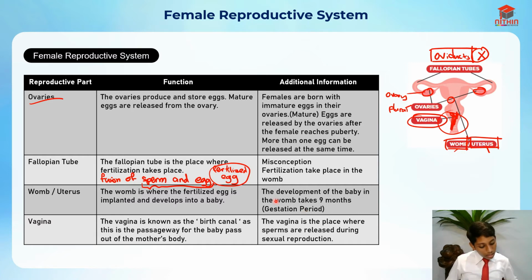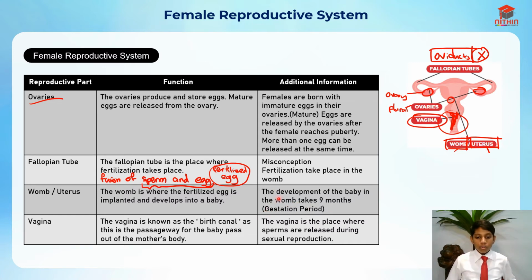And additional information for the womb is that the development of the baby in the womb takes 9 months. So if you have any younger siblings, you should know that it takes 9 months for your sibling to be born after fertilization. And this period of 9 months is called the gestation period.